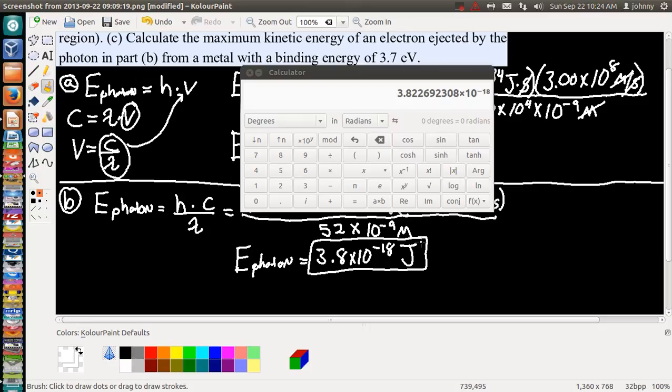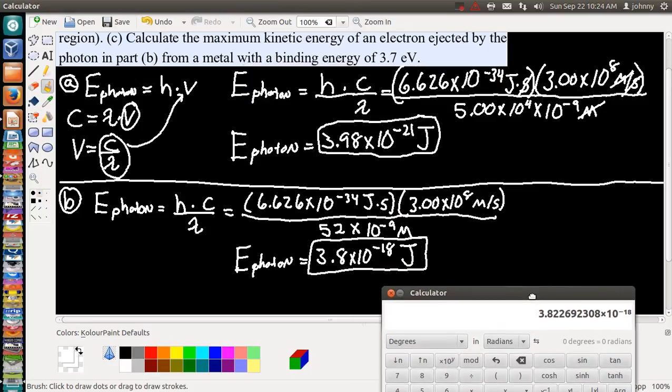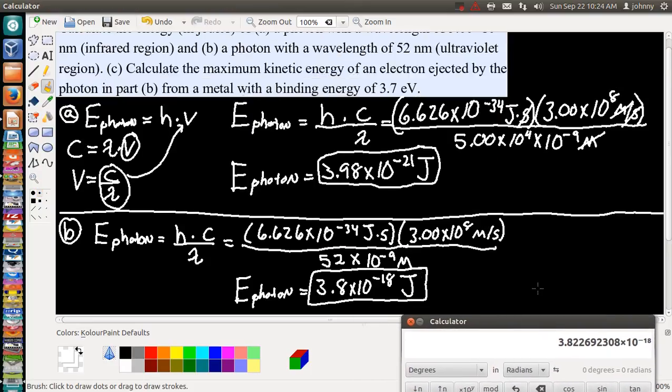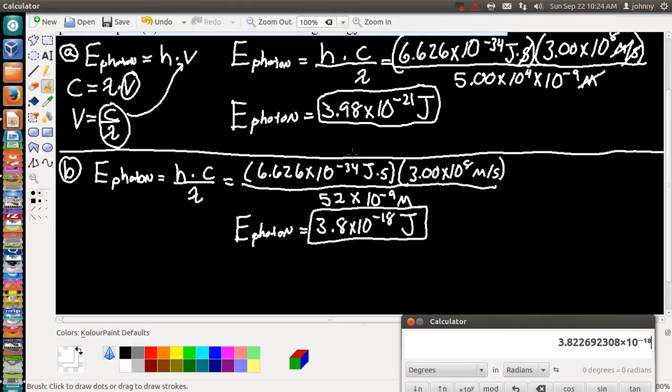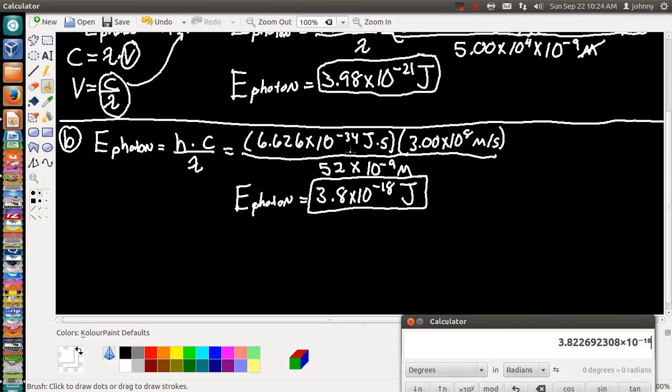Now, let's look at part C. Part C is going to be the fun part. It's been a while since I've had to actually calculate the maximum kinetic energy from binding energies. So let's see here. To do this problem, we've got to know quite a bit of stuff. So let me show you the formula that we're going to be using.